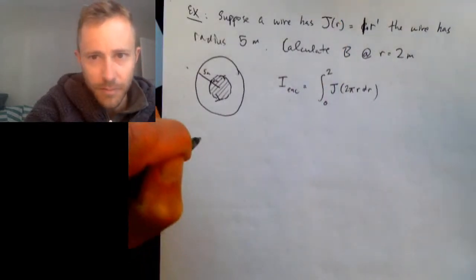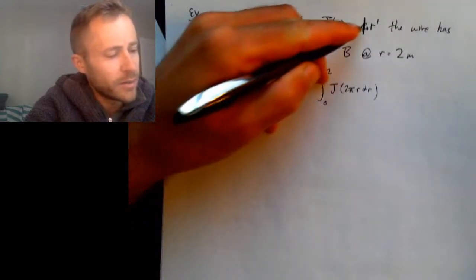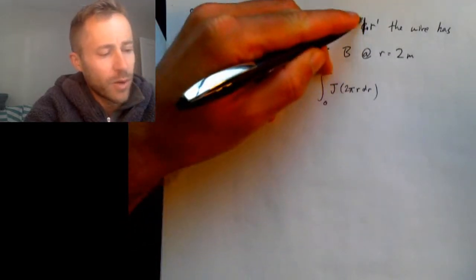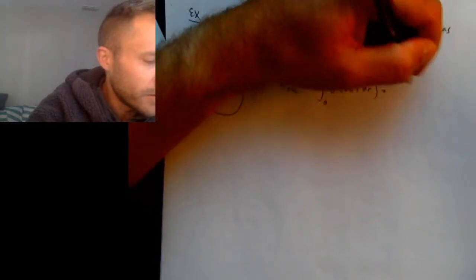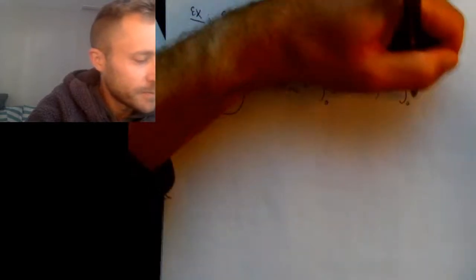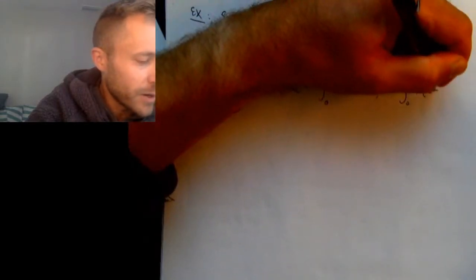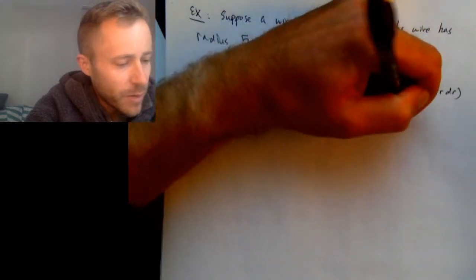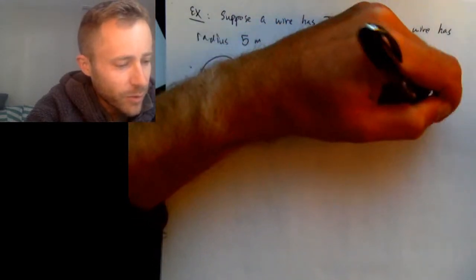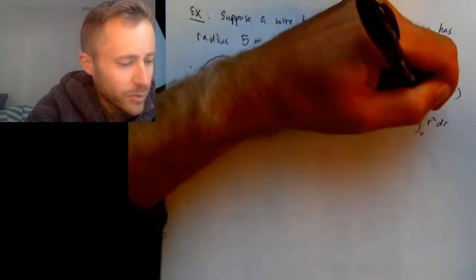So plugging in J of R equals 1 times R to the 1, we would get the integral from 0 to 2 of R times 2 pi R dr. So that's 2 pi times the integral of R squared dr from 0 to 2.